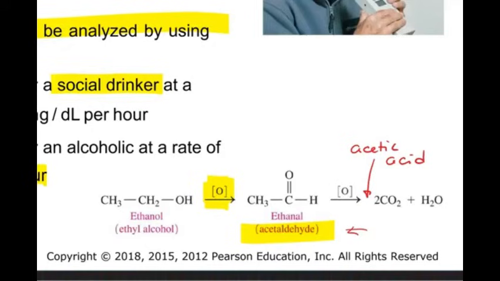Now, people can genetically produce different levels of the enzymes that metabolize alcohol. So some people are more resistant to it. Okay? Now, are you familiar with one of the main killers of Native Americans when European conquistadors came to the Americas?